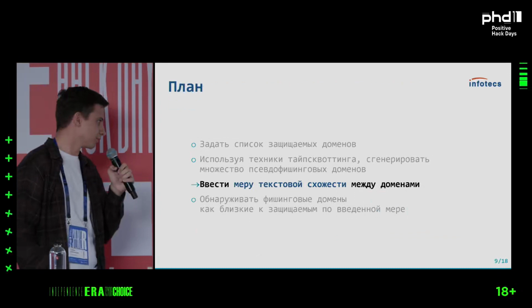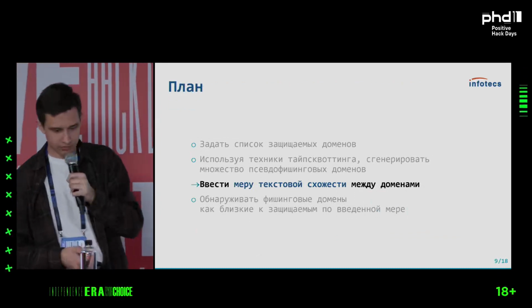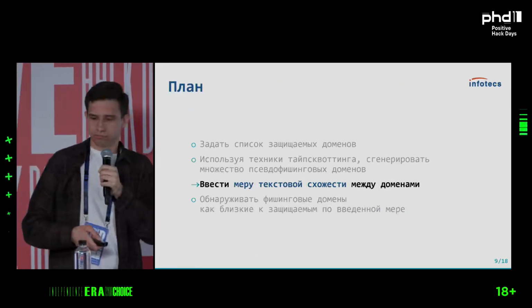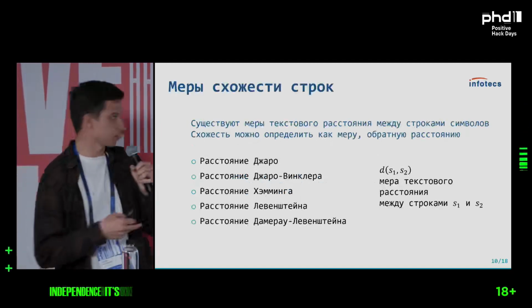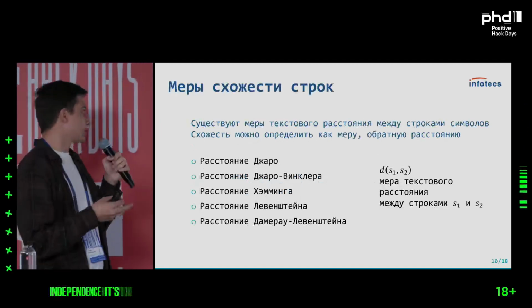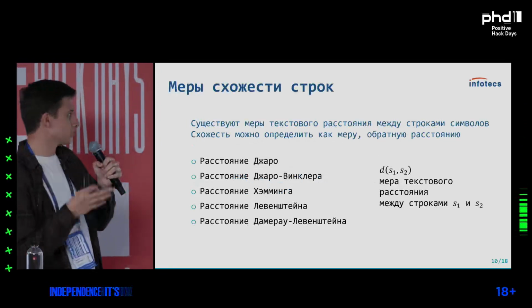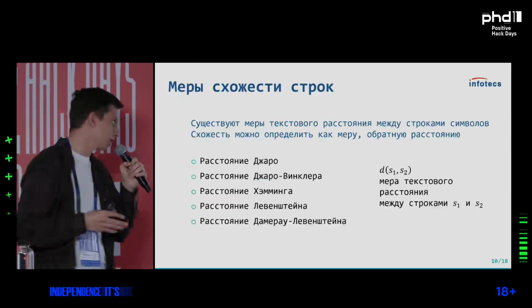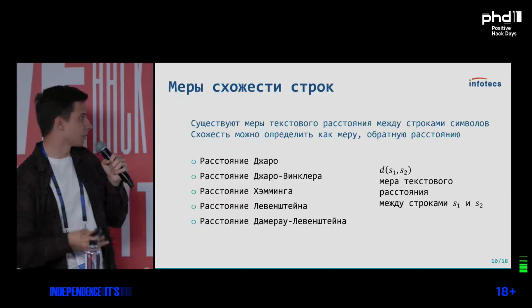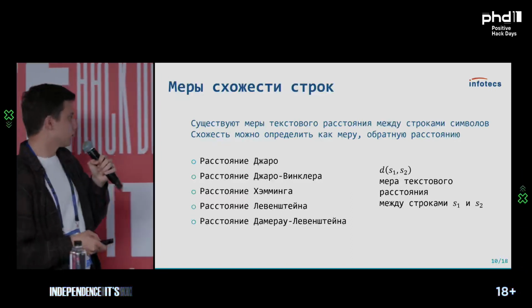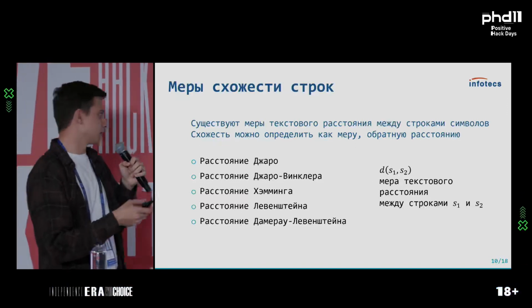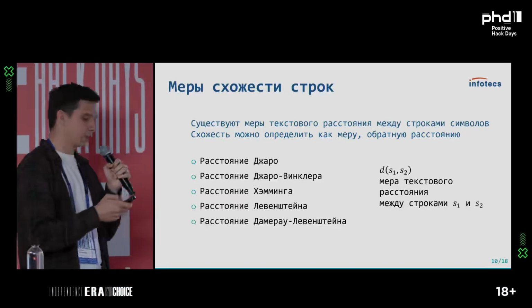Next, we now need to understand how we can compare the domains. We can measure the distance between the symbols, and we might define it as an inverted similarity between the strings.